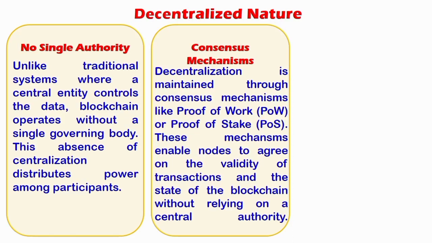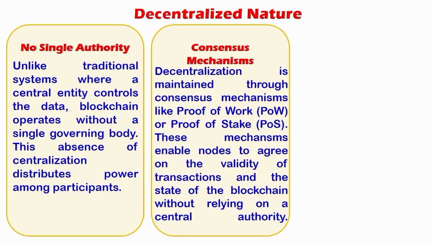Now, let's talk about how we keep things running smoothly without that big boss. We use these cool things called consensus mechanisms like proof of work or proof of stake. They are like teamwork champions. Okay?